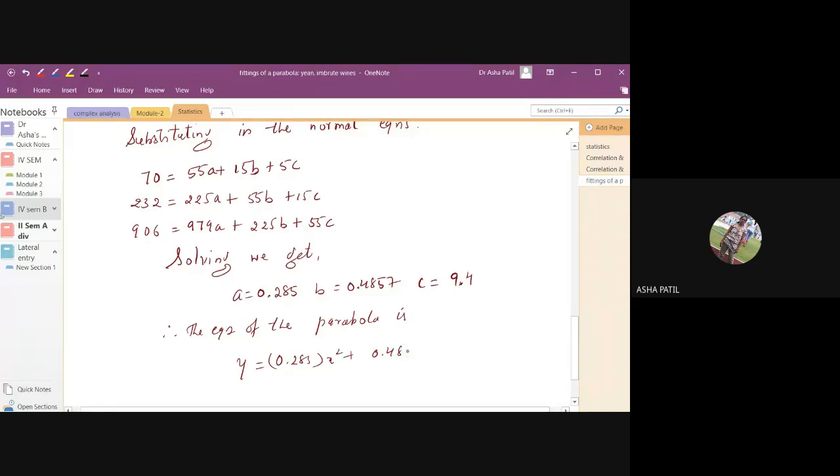Everywhere you see that you will do the same thing. 0.486x plus 9.4. Ax square plus bx plus c. Now, one more example.